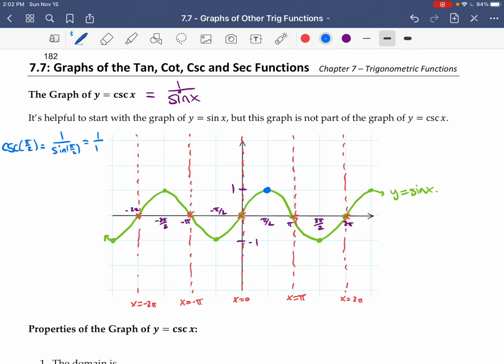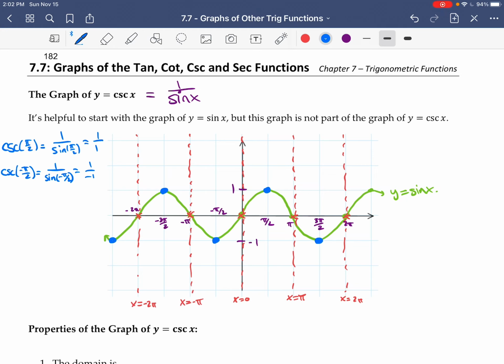So actually, this point is on both graphs. Similarly, cosecant of negative pi by 2 is 1 over sine of negative pi by 2. And that one's -1. So this is 1 over -1, which is -1. So these points at 1 and -1 stay. So they are on the graph of cosecant.